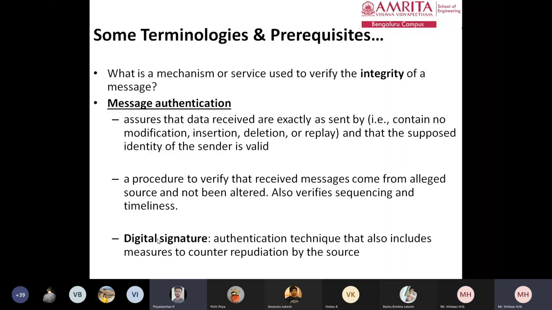The receiver will decrypt the message using the public key and ensure whether the public key and the secret key match, and if they match, the receiver can be sure that the integrity of the message is maintained.